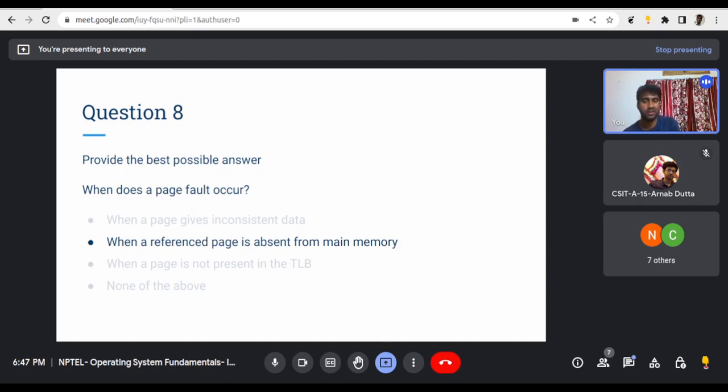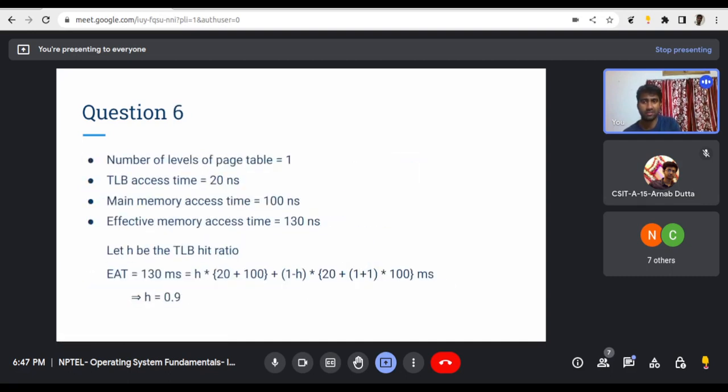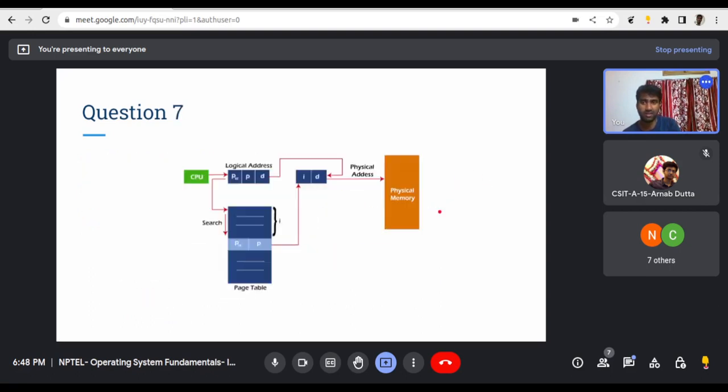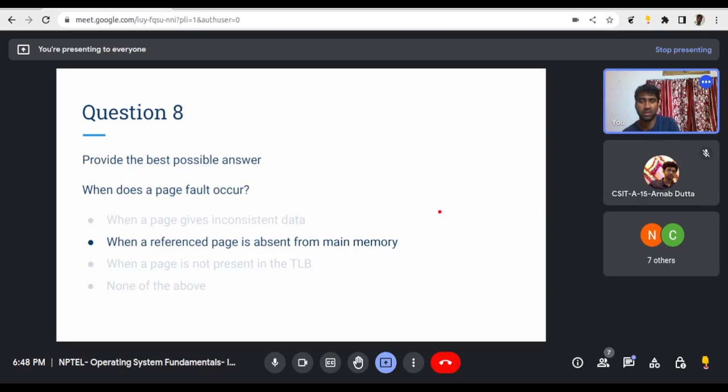If you remember, in the previous numericals that we studied, there was an assumption that no page fault occurs. Now the concept of page fault has come into play, which says that the page we want to access is not even present in the main memory; it is present in the secondary memory.